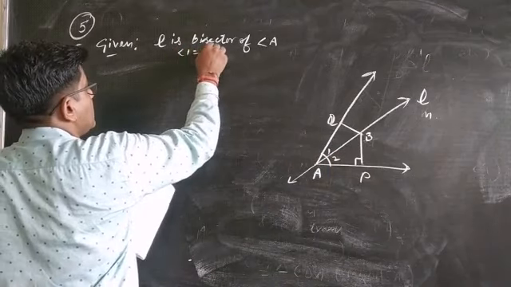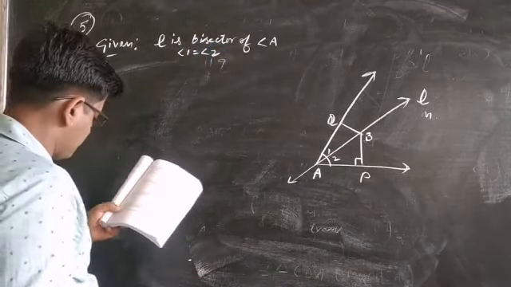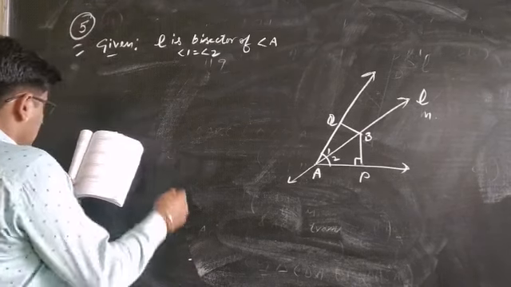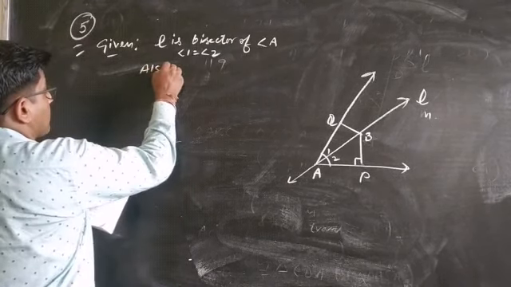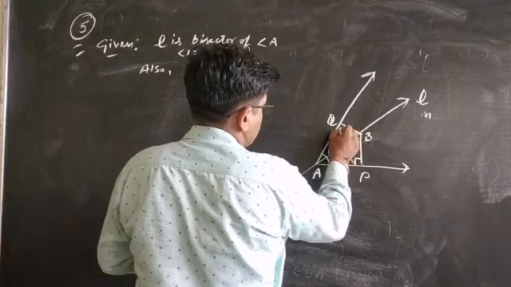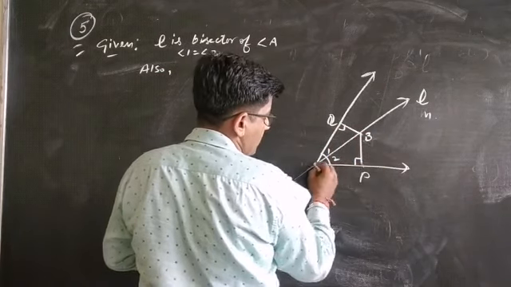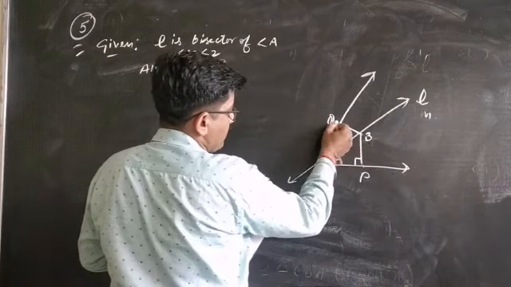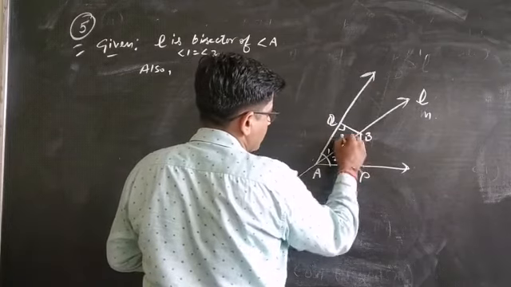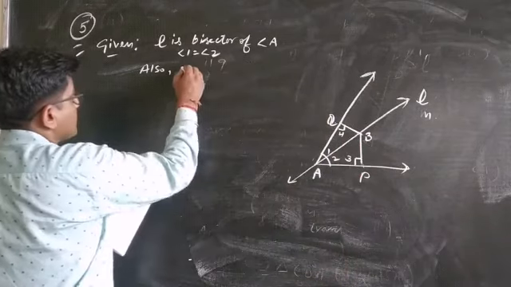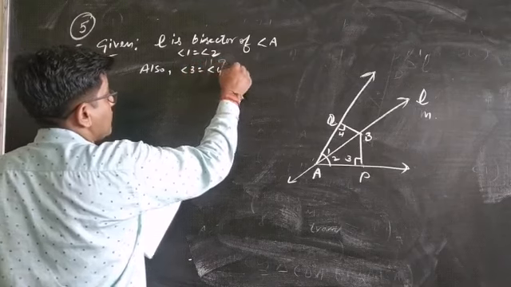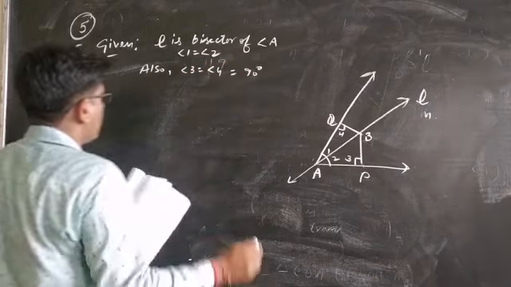That means angle 1 is equal to 2. It is given to us. Also, this is given that DP is perpendicular to this line and DQ is perpendicular to this line. Let it be angle 3 and 4. That means angle 3 is equal to 4 is equal to 90. It is given to us.